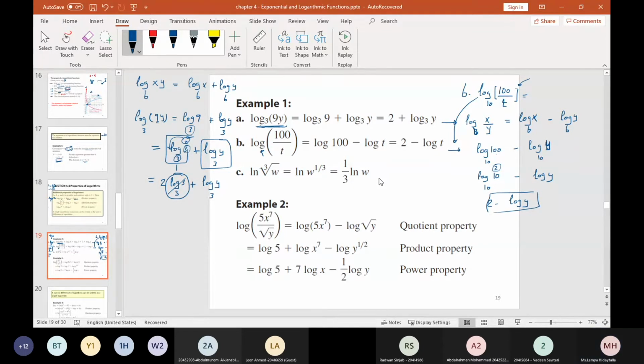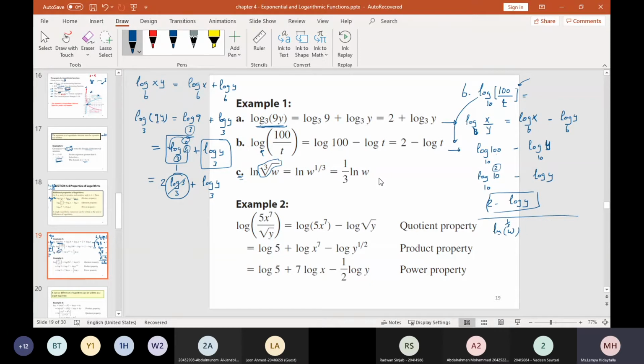Okay, now the third one, this number C. We have ln of the third root of w. What is the meaning of the third root? It is w to the power 1 over 3. Correct? What is the meaning of ln? We said ln is the log with base e.